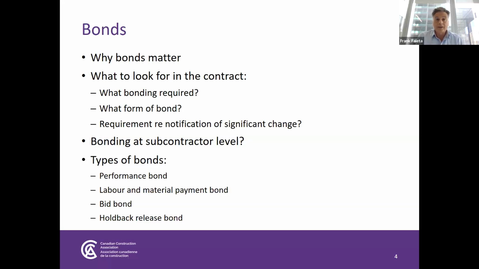And I invite everybody to look there to make sure that they understand what kind of bonds are required for that specific job. And I would also encourage listeners to make sure that they check for any statutory requirements, like for example in Ontario, about certain bond forms to use, and that they become aware of those requirements, because those are also important.